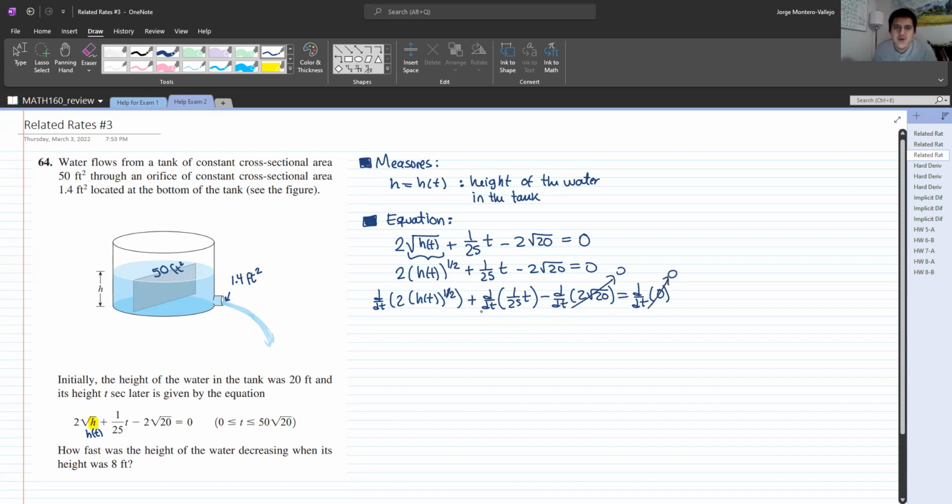Now this is what matters, right? So this thing over here, d/dt of 1 over 25t, this is a constant times t. Remember that when you have a constant times t, you can pull out the constant, and you can do d/dt of t. Well, that's the same as d/dx of x, right? You get 1. So then it will just be the constant outside multiplying times 1. So 1 over 25 times 1. So then this thing is just 1 over 25.